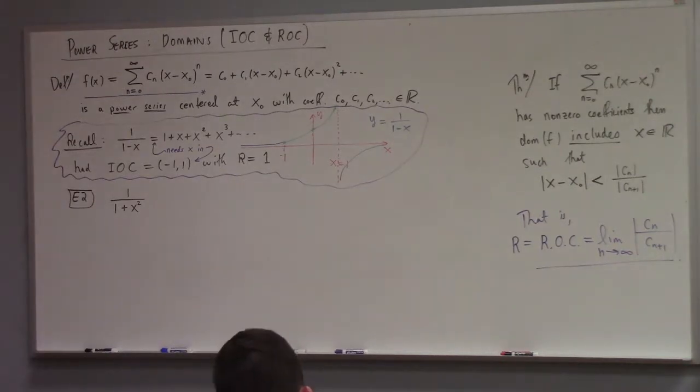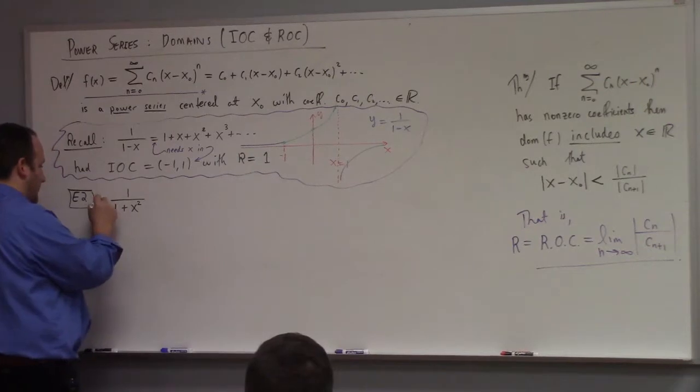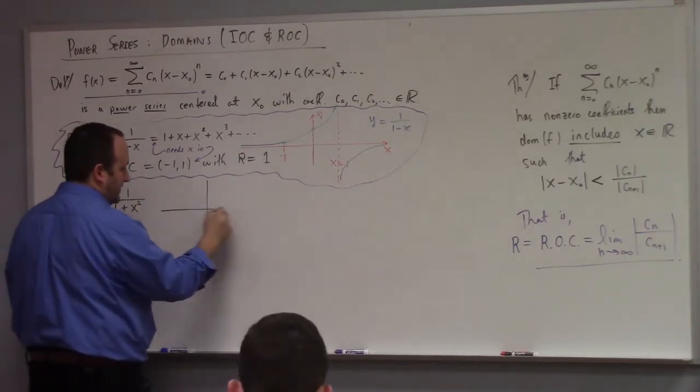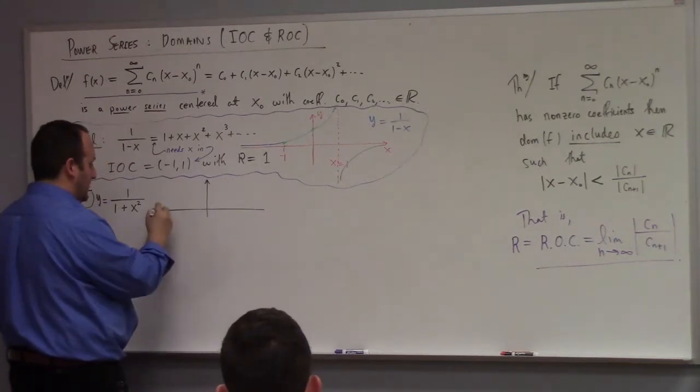But my question is, with 1 over 1 plus x squared, should there be any obstruction? Like if you look at 1 over 1 plus x squared, is that defined for all real x? I think so, right? The graph of y equals 1 over 1 plus x squared is kind of boring.